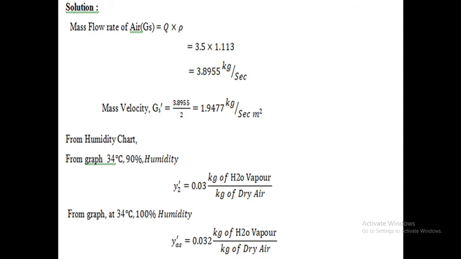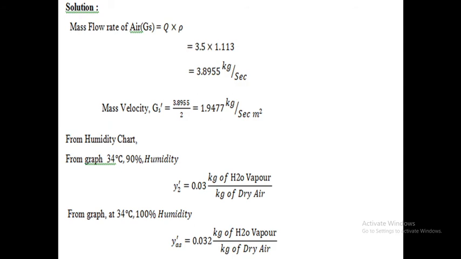Students, keep in mind these two data taken from the humidity chart or psychrometric chart. Take DBT 34 degrees Celsius. For the outlet condition the humidity is 90%, so find the observed humidity value from that graph. Finally we get 0.03.